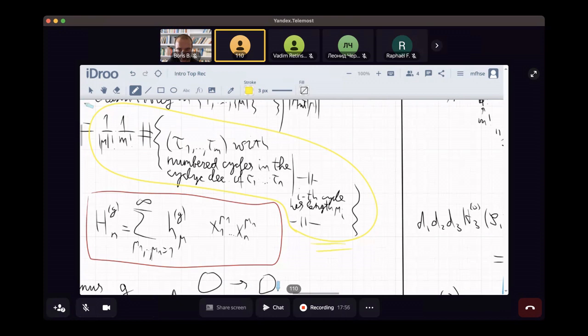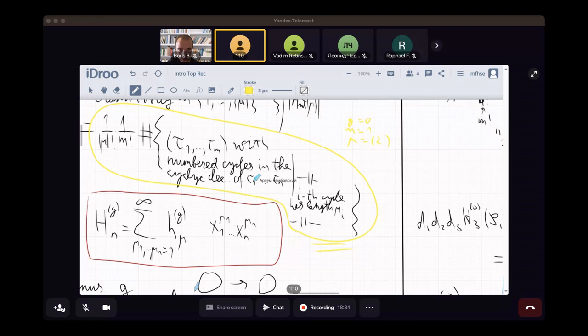So let's look at this definition. What does it give us in this example, where m equals 1, g equals 0, mu equals (2)? So first of all, what do we see here in the brackets? The number of ways to decompose a transposition into a transposition.